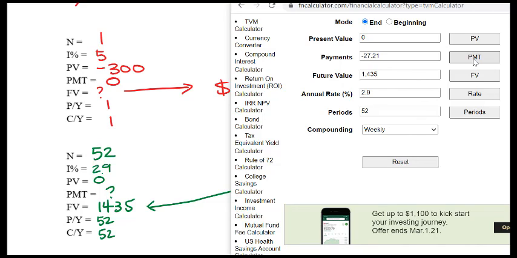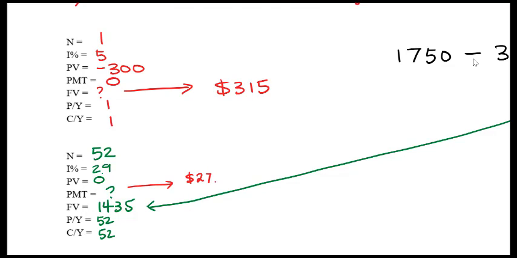Right now in this question, he says he can save $15 per week, and obviously it's not going to be enough to have 1,750 in a year. So he needs to save a bit more, or he needs a little bit longer time to reach his goal. So $27.21 per week.